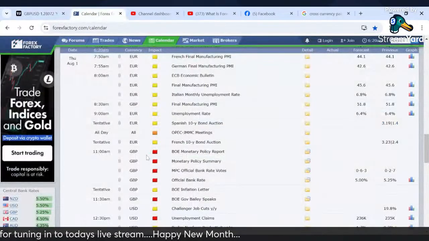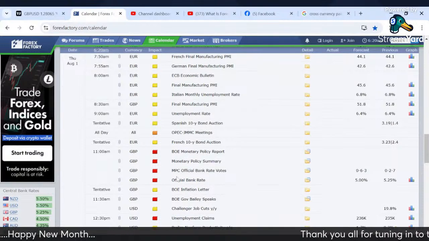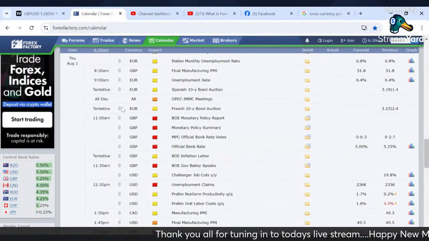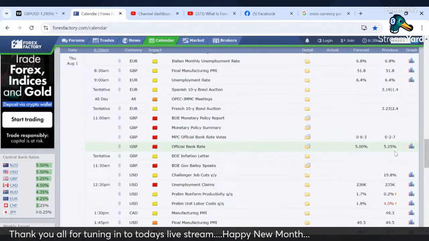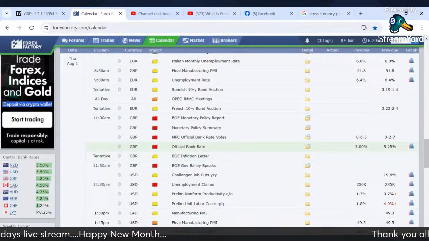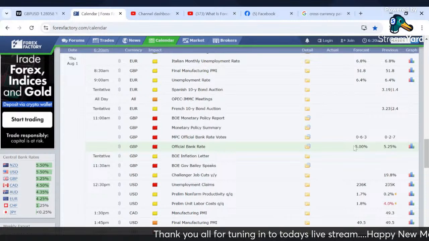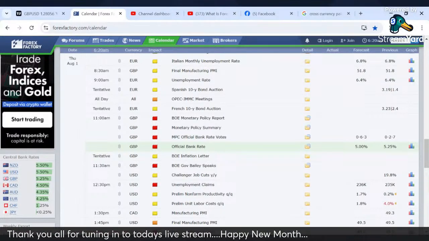I don't know whether the interest rate has been priced in, because around 11 there was going to be a high impact news, and I don't know what they are expecting. This is what analysts are expecting. The previous one was a rate increase, and now there's a reduction of rate.